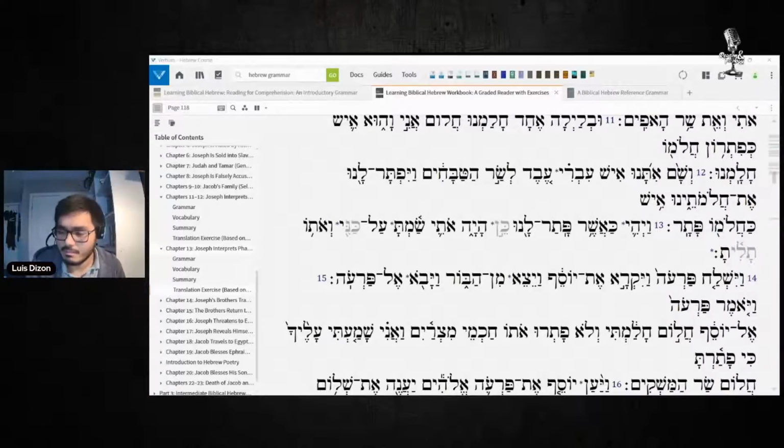This is the preterite third person masculine singular form of it, but actually no, this is not a preterite. This is just a regular perfect verb. It means placed, to put or to place. So he was placed with us here.